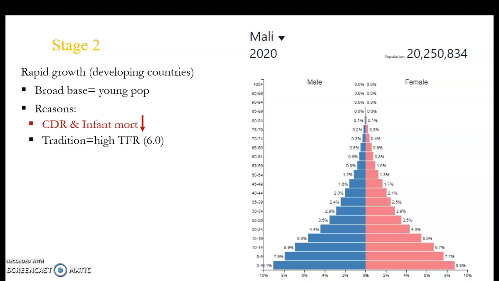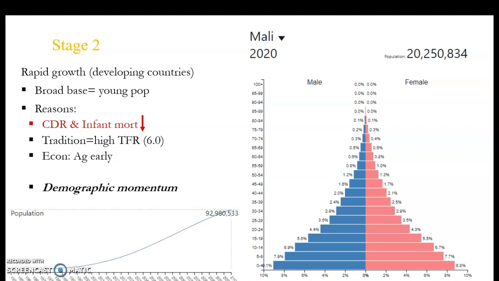A TFR of 6 is one number, but if infant mortality is dropping, the likelihood of 5 or 6 of these kids surviving increases. We have an agricultural economy that is starting to shift to industry. When we have an ag economy, as discussed in the demographic transition model, a large family is deemed an asset. This country is experiencing what's known as demographic momentum.